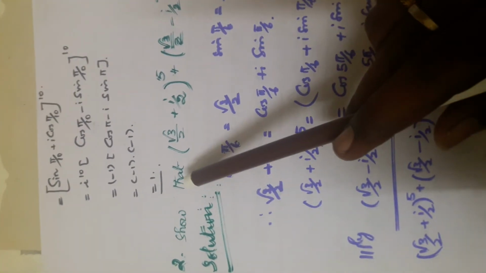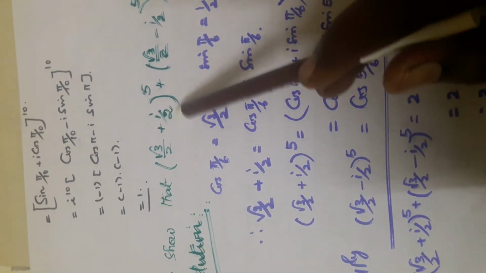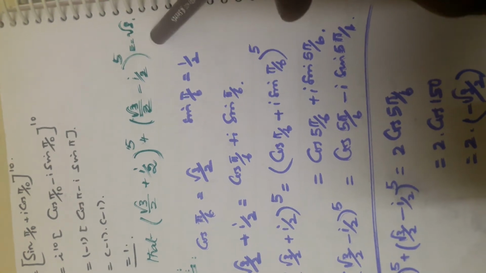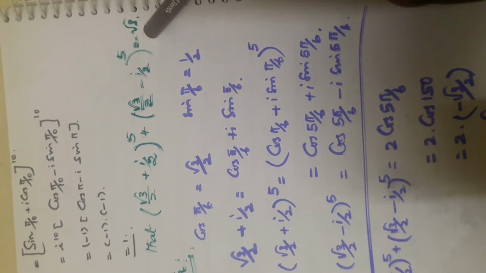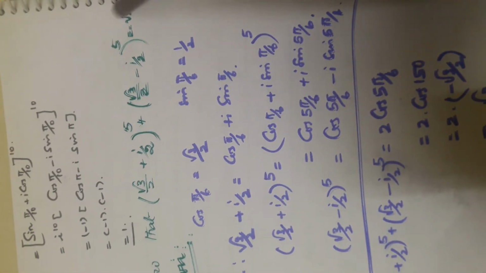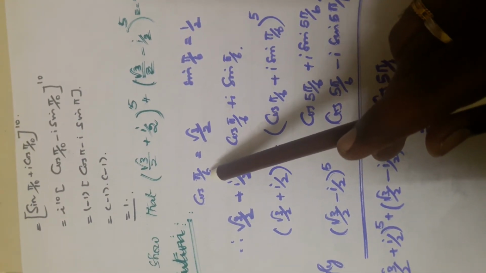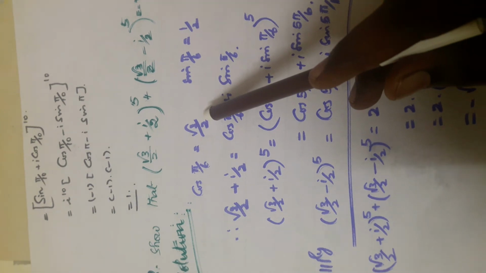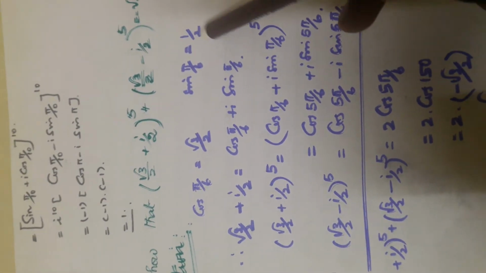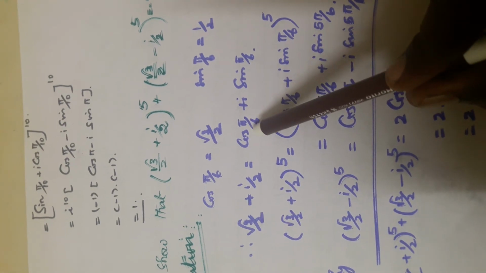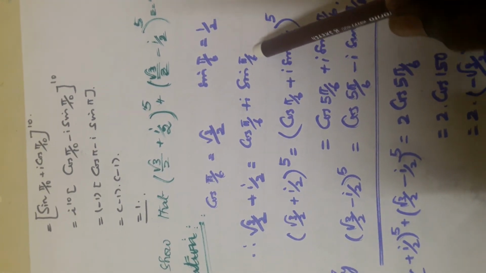Now the second one, so that (√3/2 plus i/2) power 5 plus (√3/2 minus i/2) power 5 equal to minus √3. We have to prove this one. Before starting the question, we know the value of cos π/6 is √3/2 and sin π/6 is 1/2. So the number in polar form will be cos π/6 plus i sin π/6.